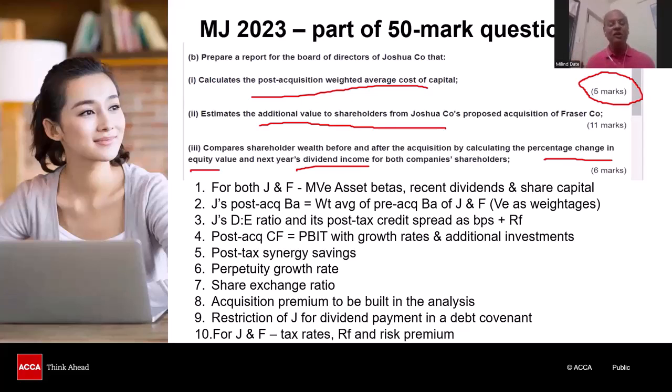Similarly, additional investments information is given. In this example, there were post-tax synergy savings given, growth rate for perpetuity given, share exchange ratio. Now, this was not a cash offer. This was a share per share offer. So the exchange ratio is given. Acquisition premium to be built into the analysis was told to you. And then the third requirement was on the dividend income post-acquisition.